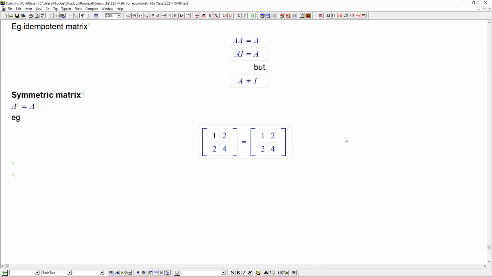And of course, only square matrices may be symmetric.